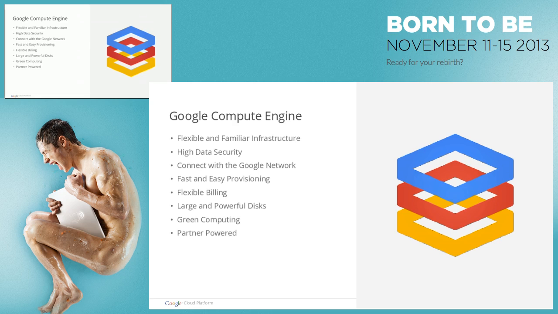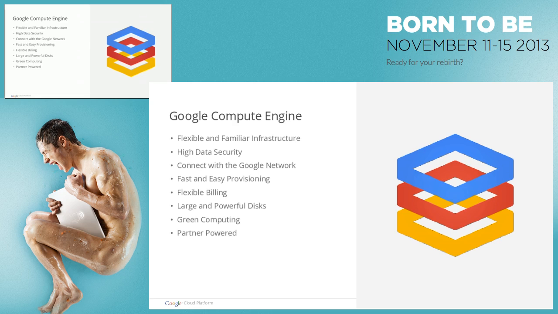So you can obviously describe which disk you want. Scratch disk or persistent disk. You can create a disk with one VM and then shut it down, and we replicate it everywhere, in all the data centers, all the zones we have, and you can open it again from a different VM. Obviously, we say green computing because it's completely powered by the power grid that Google is managing or even implementing.